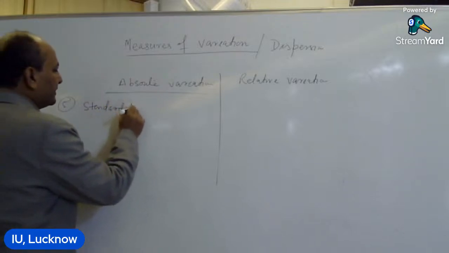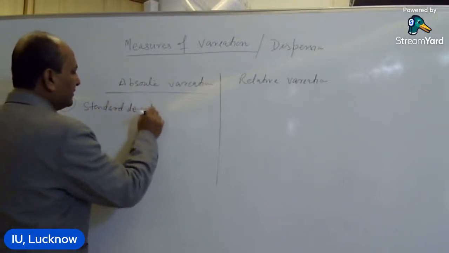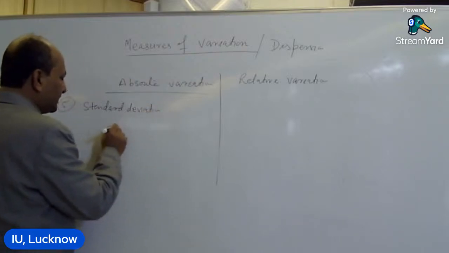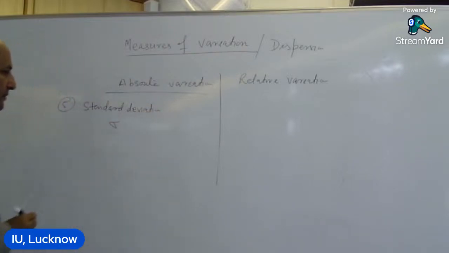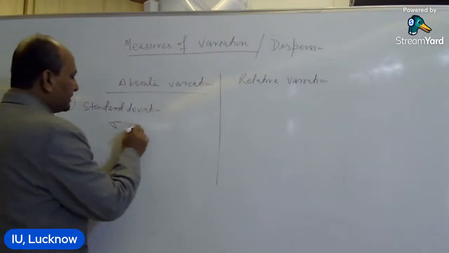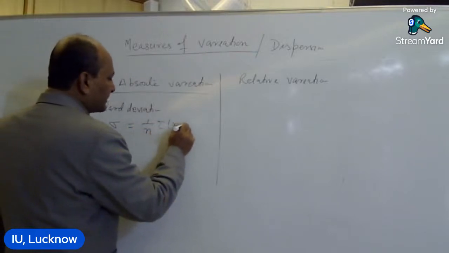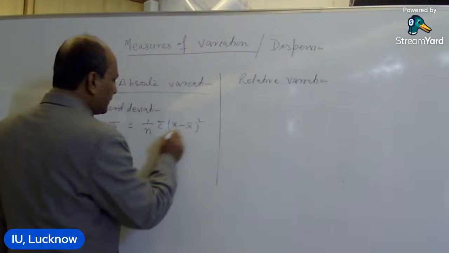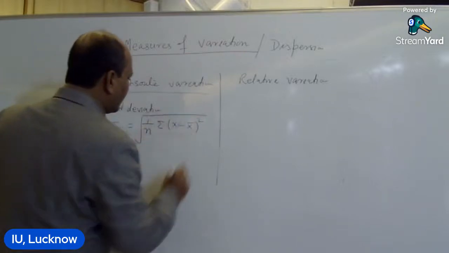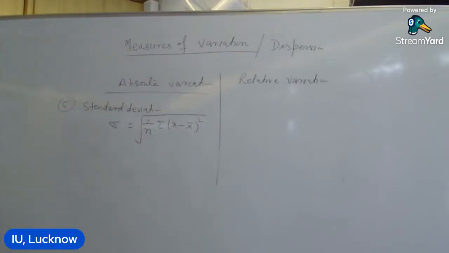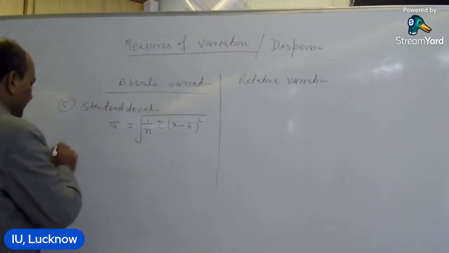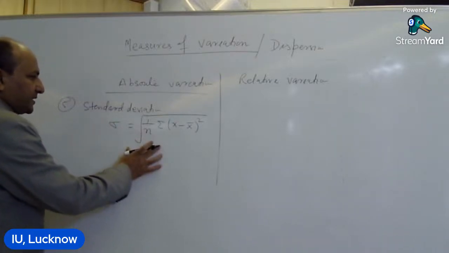It is generally denoted by sigma, and the formula is the square root of 1 upon n summation of (x minus x bar) whole square. This is for the discrete case.